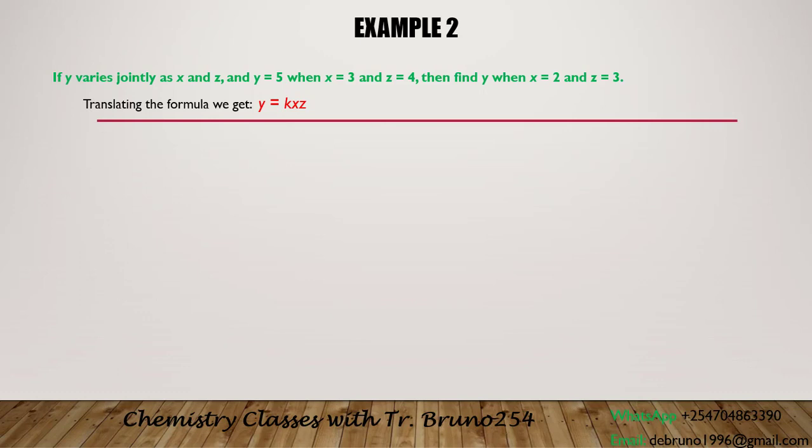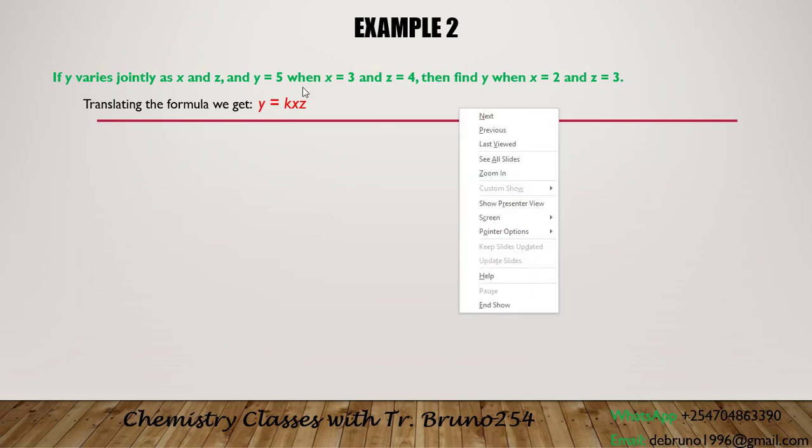Why? Because we said earlier that joint variation simply means that we get the product of the variables. So in this case, k always remains as a constant, while x and z are the two variables that jointly vary as y. So y equals kxz.